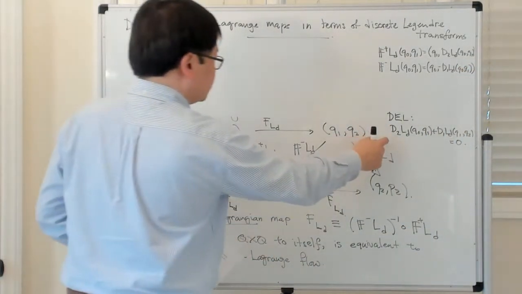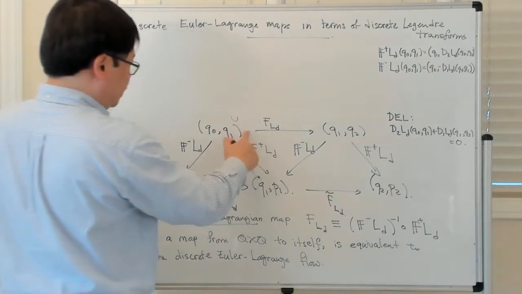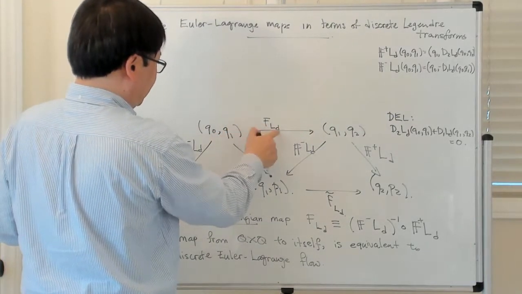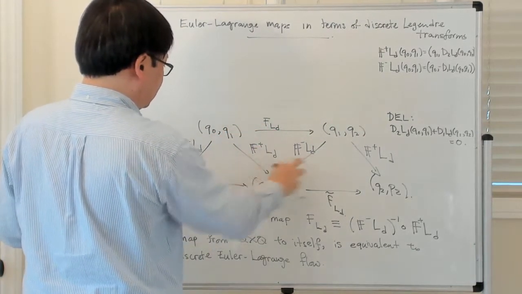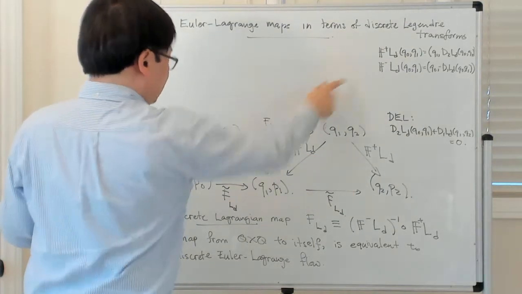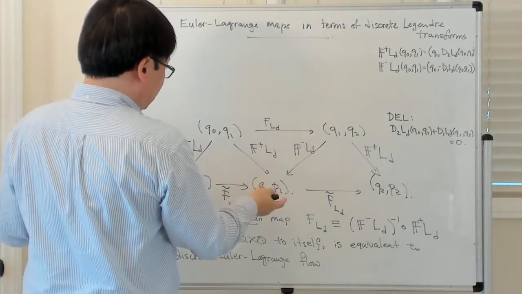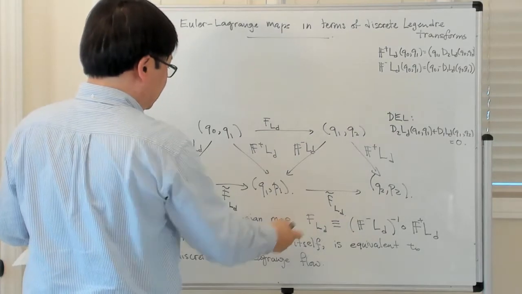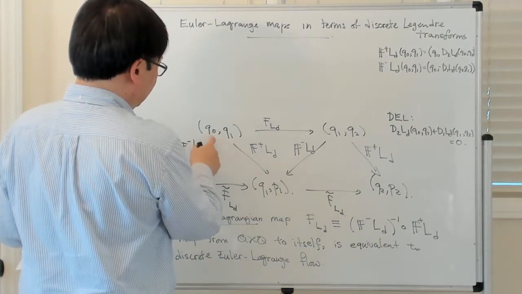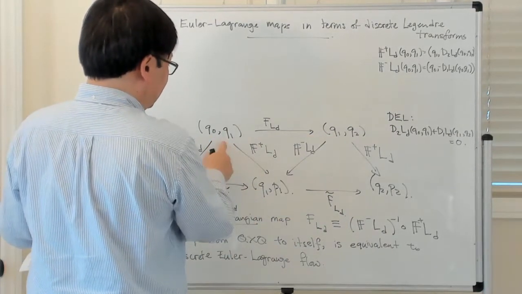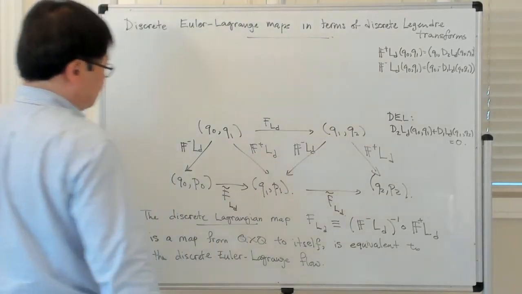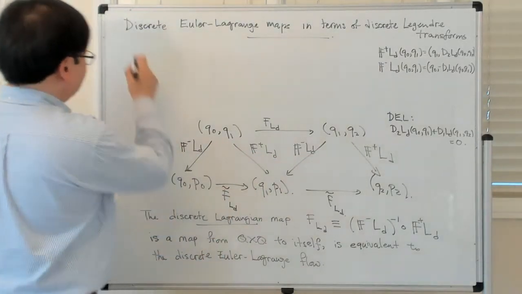And then this is the discrete Lagrange equation. So I want to look at this map F_LD, which is defined in terms of these two discrete Legendre transforms. Let's write down what this condition has to be: it is saying that these three things are related by these two maps. Let's write down the obvious thing.